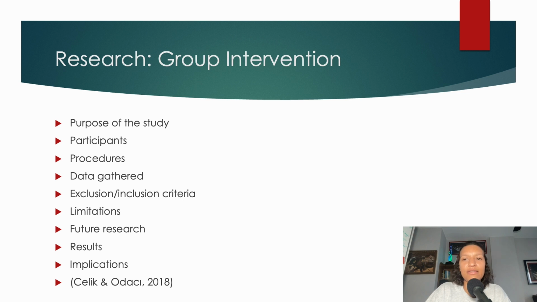So it's nice that they provided that outline there. In terms of data, they looked at pre and post, and they also did a follow-up at 1 and 3 months, and that's when they gave individuals the measurements that they used. They looked at the academic procrastination scale. There weren't any inclusion-exclusion criteria that I came across in the article.